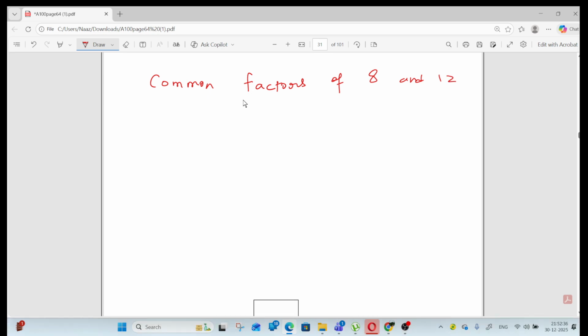So what are the factors of 8? We always start with 1. 1, 2, 4, and 8, right?